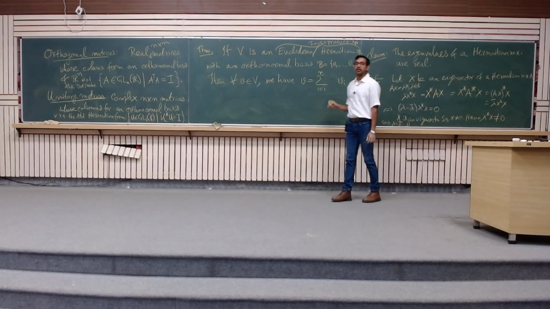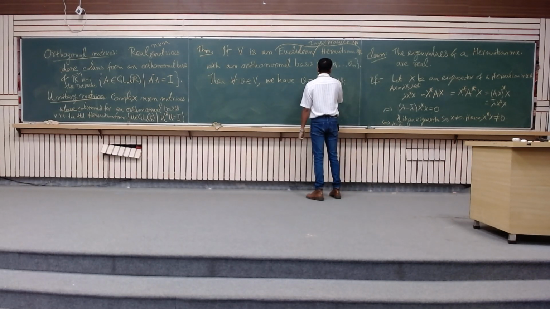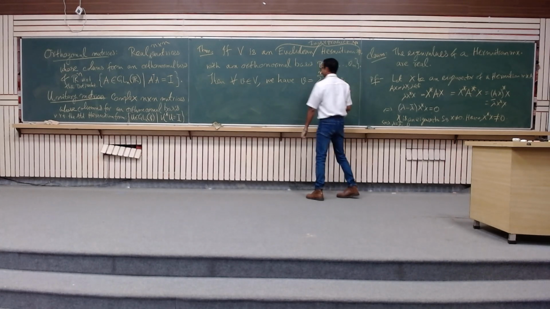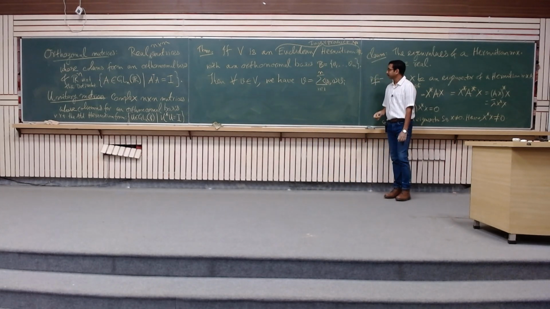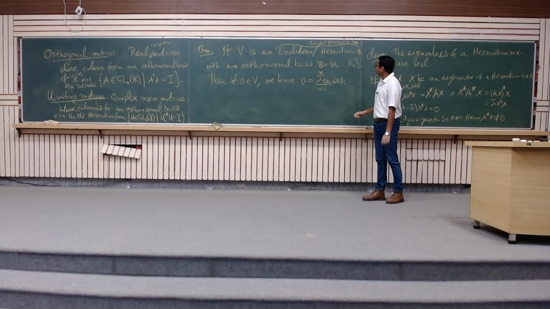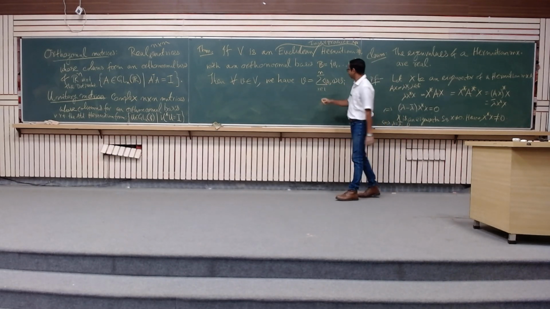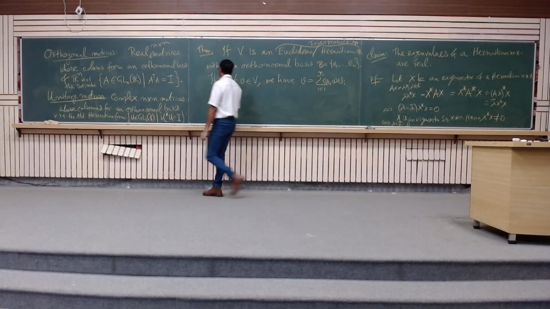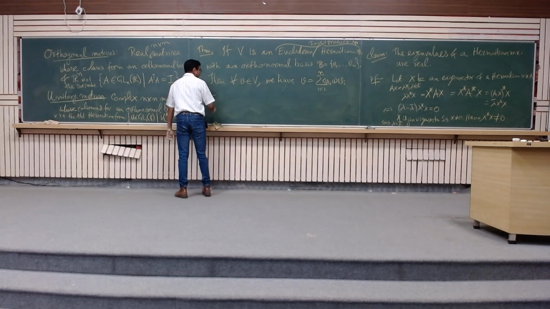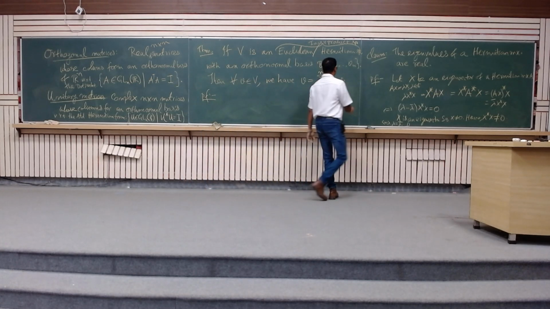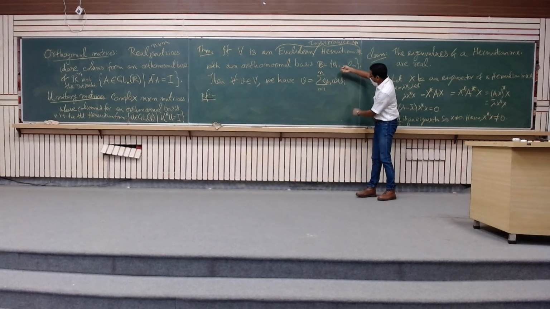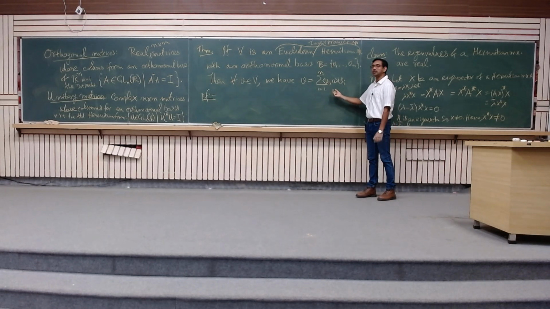You are given an inner product, so use that: Vi dot V. So this would be an expression for V, and why is this so? Given that the basis is orthonormal, why can we write down the coefficients in such a nice form?